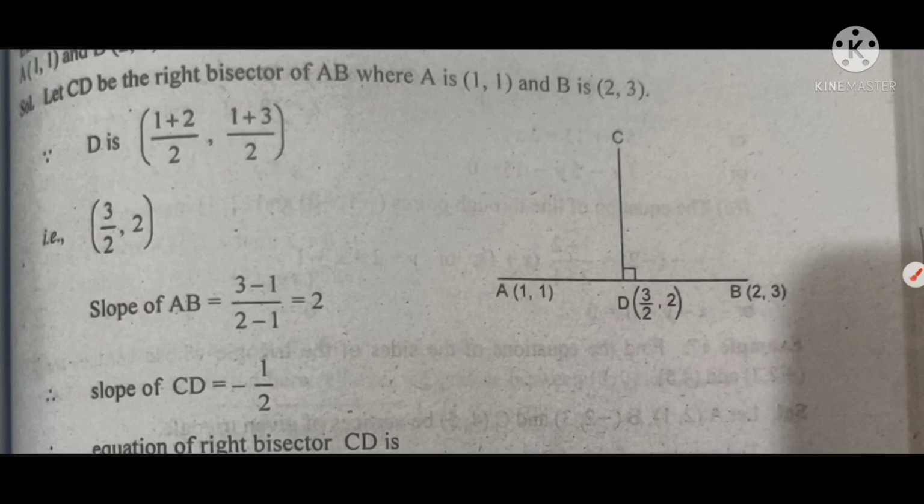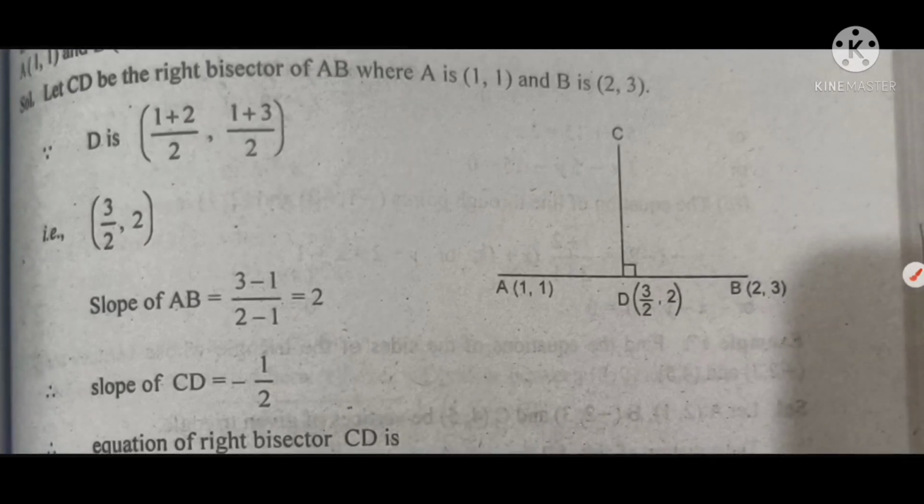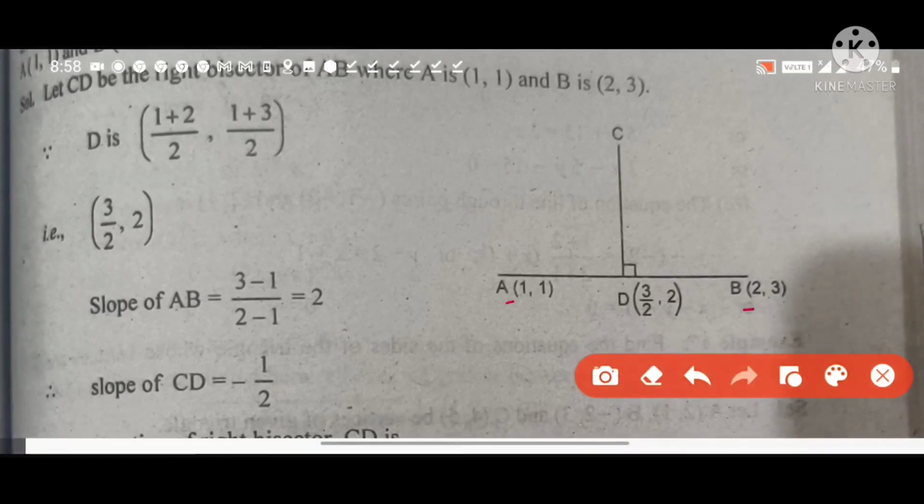Now because this is a bisector, it passes through the midpoint of AB. According to the midpoint formula, the x coordinate is x1 plus x2 by 2, that is 1 plus 2 by 2, which is equal to 3/2, and the y coordinate is y1 plus y2 by 2, which is equal to 2.